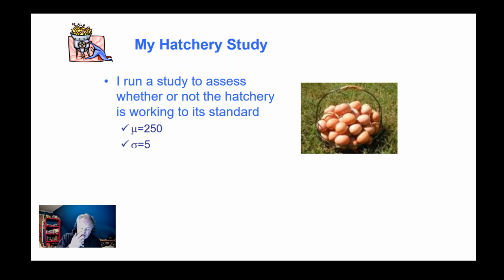So I believe the true population mean is not 250 eggs per year, but something less than that. The hens have gotten weaker and lay fewer eggs. I'm going to run a study to test this hypothesis, that the hens on average are laying less than 250 eggs.